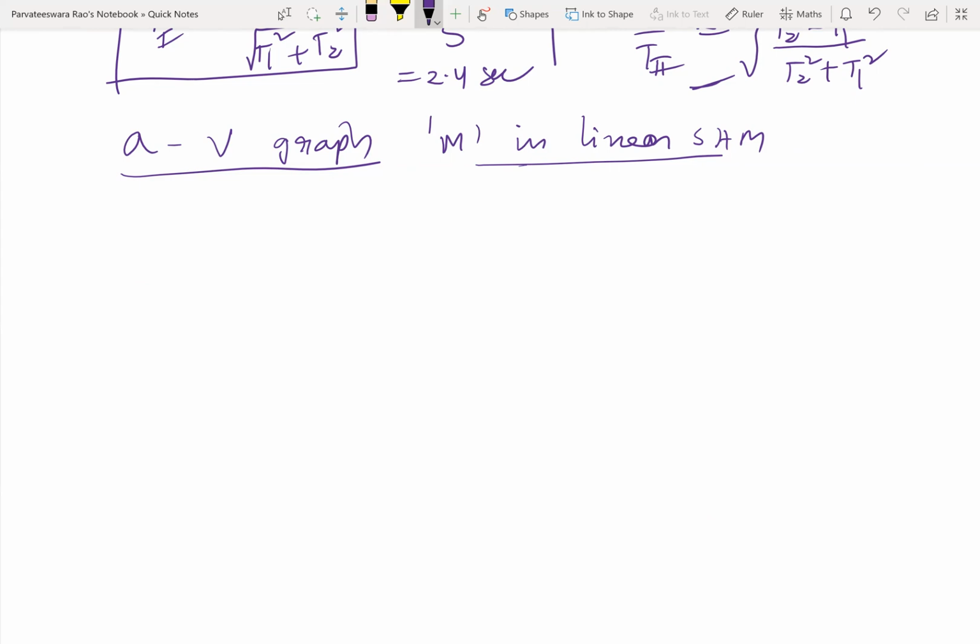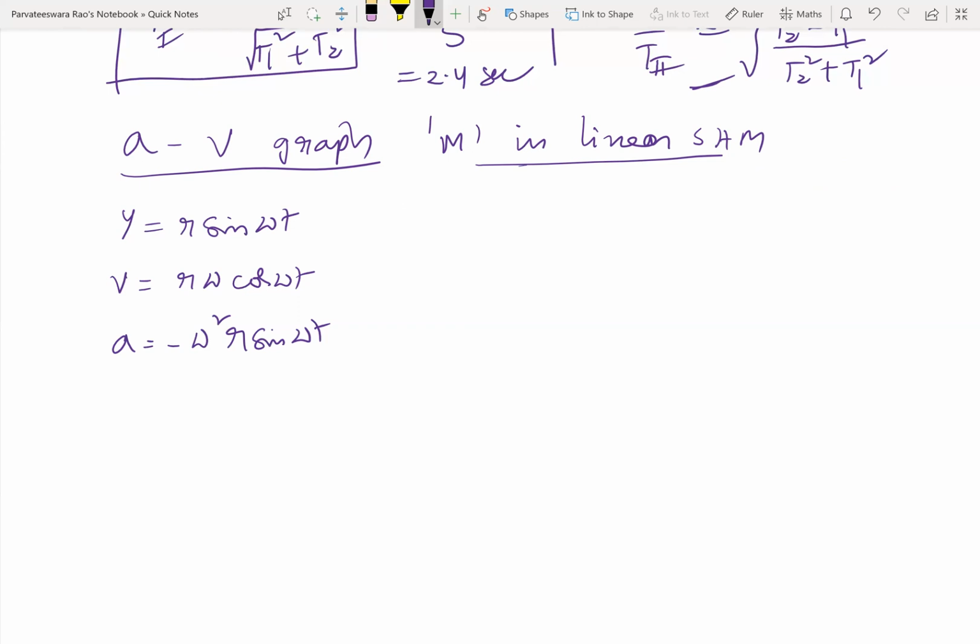So first of all, let us start with the equation y is equal to R sin omega t. Velocity V is R omega cos omega t, and acceleration A is minus omega square R sin omega t.